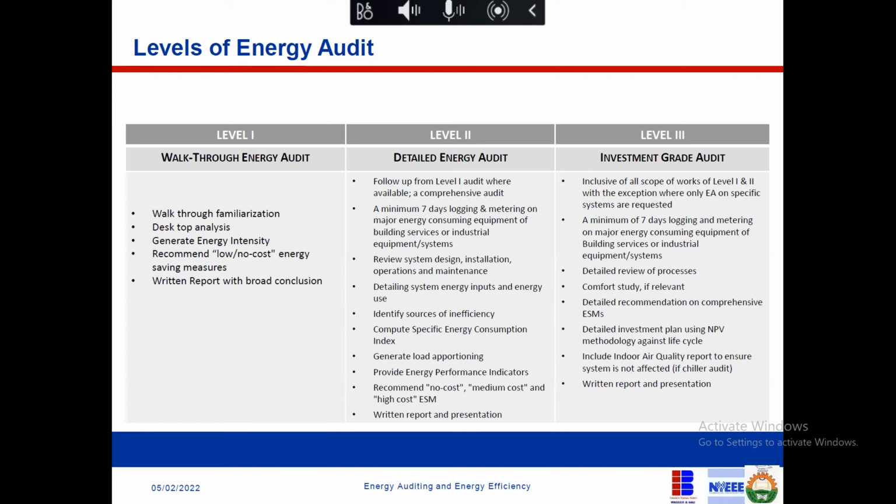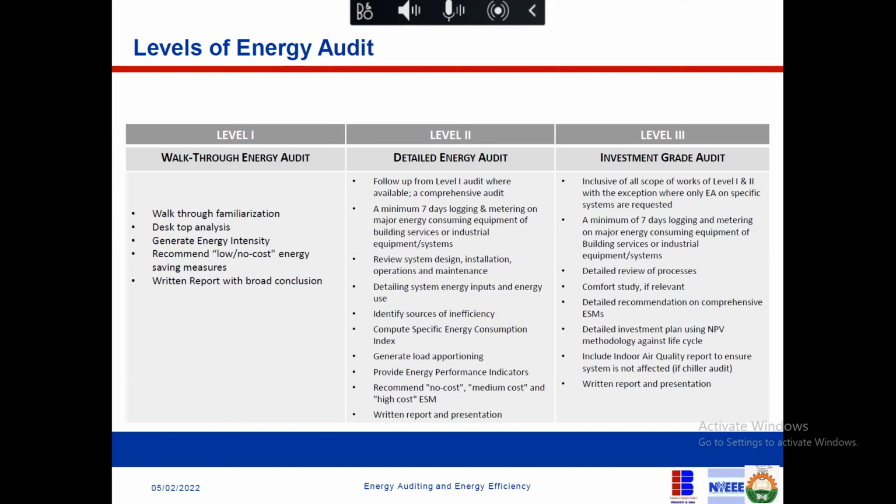Doing an investment grade audit on the cooling system means that you have to do all the financials, return on investment, simple payback, all of those investment decision-making criteria.